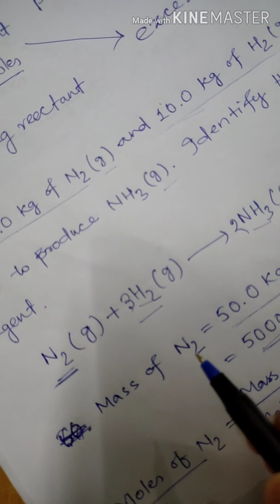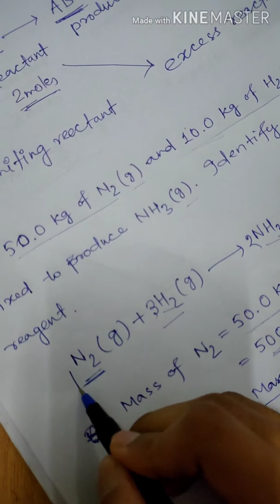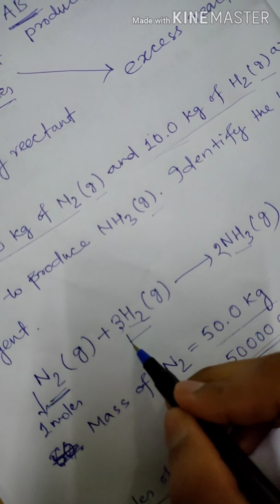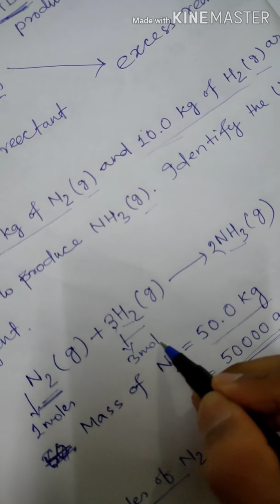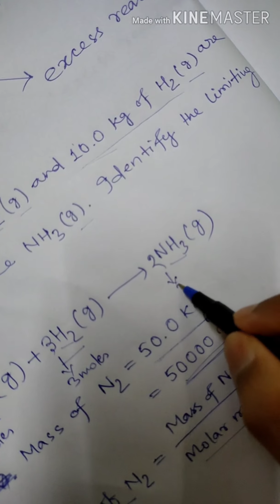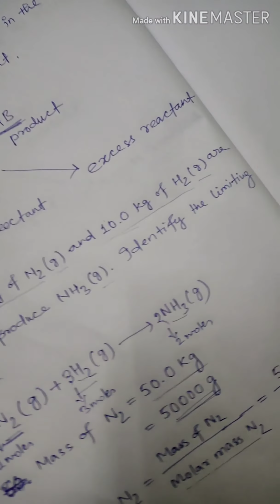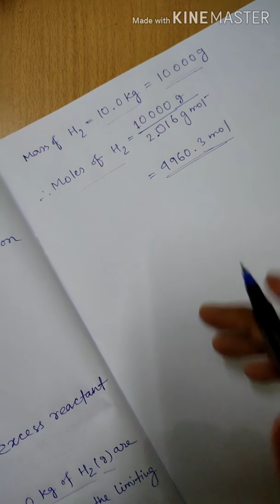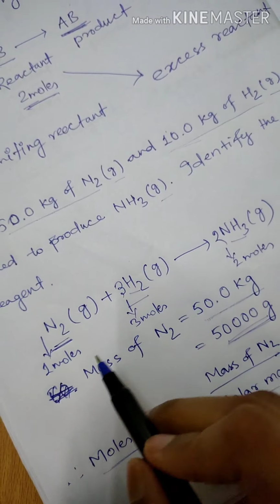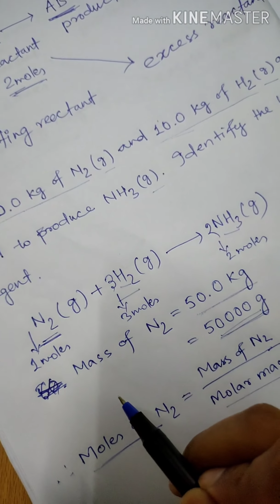Meaning, is N2 the limiting reactant or H2? We have to identify. Now see, here initially 1 mole of nitrogen and 3 moles of hydrogen and 2 moles of this product form. Okay, now see, from this reaction what we have got: 1 mole of nitrogen reacts with 3 moles of hydrogen.